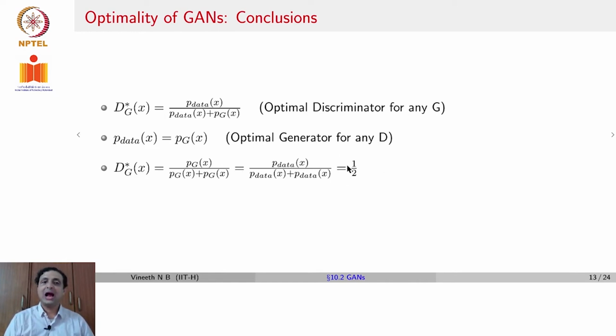Which means at optimality, the discriminator should give you an output half to maintain the balance between generator and discriminator. So we do not want the discriminator to always give 1 or always give 0. If it outputs half for any sample that's provided to it, we think it's been fooled because it's not able to make out the difference between a real sample and a fake sample.